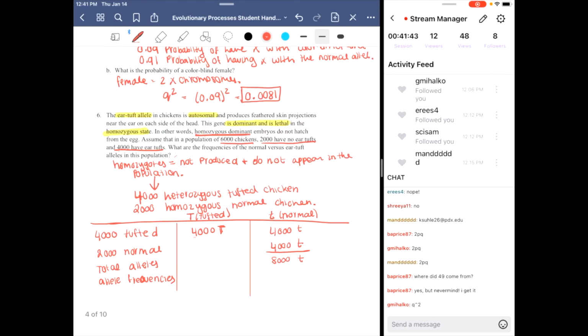So to get the allele frequency, it would be 8,000 over 12,000, or 0.66. And for here, same, there would only be one T, and that would be 4,000 over 12,000, or 0.33.